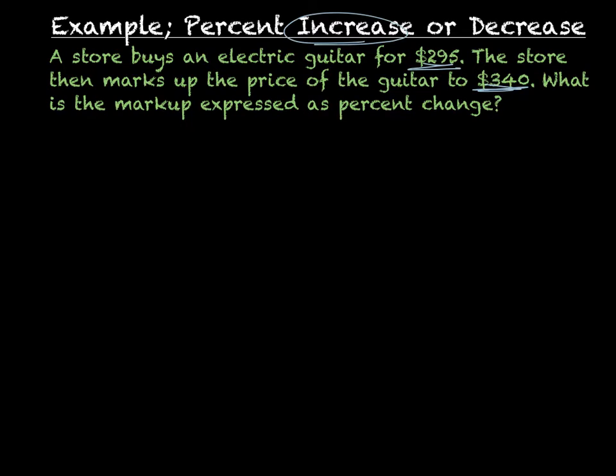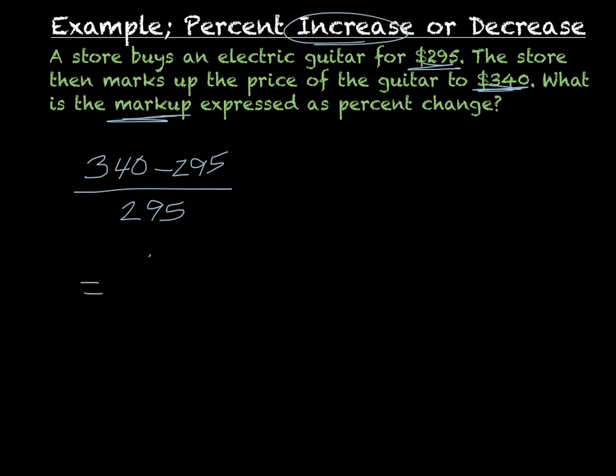We're going to take the big minus the small and put it over the original, and just note that it is an increase because it's markup. Markup means increase. Okay, so I'm going to take my amount of change, amount of increase, 340 minus 295, and I'm going to divide it by the original amount, which was 295.